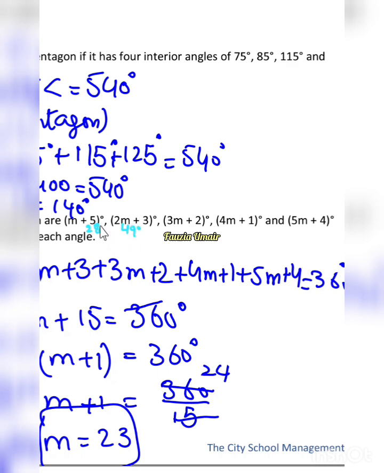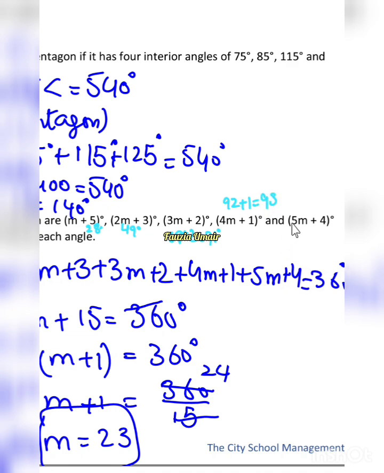So the exterior angles of this polygon are 28, 49, then 23 into 3, so 69 plus 2, it will be 71 degrees. Then 4m, so 4 times 3 is 12, and 4 times 2 is 8, 9 plus 1, so it is 93 degrees.